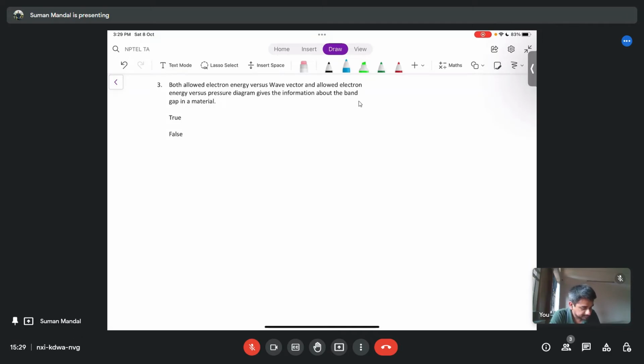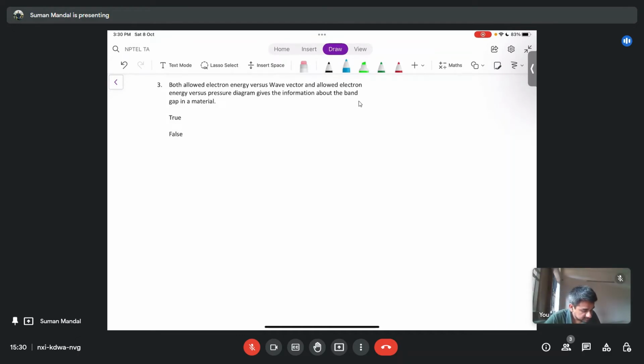So in the last class we studied about these Brillouin zones and how we can understand the concept of band diagrams from these Brillouin zone diagrams, E versus K diagrams. So what we studied is this.